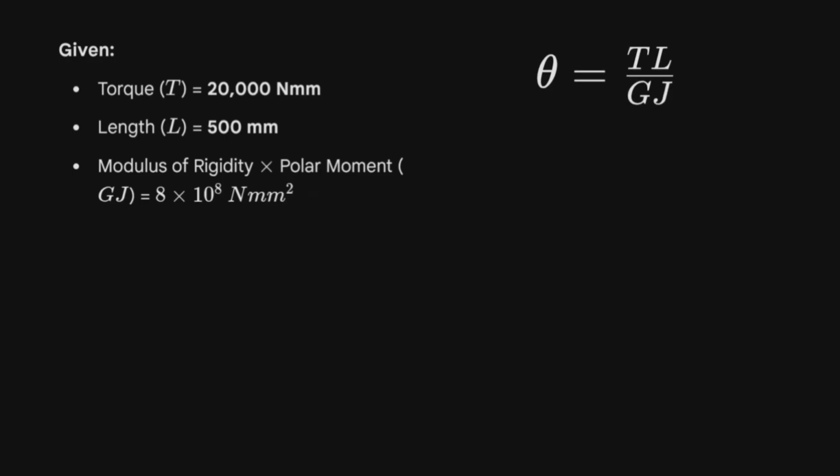To solve for our angle of twist, we're going to use the formula theta is equal to T times L over G times J. 20,000 Newton millimeter times 500 millimeter is equal to 10 million.